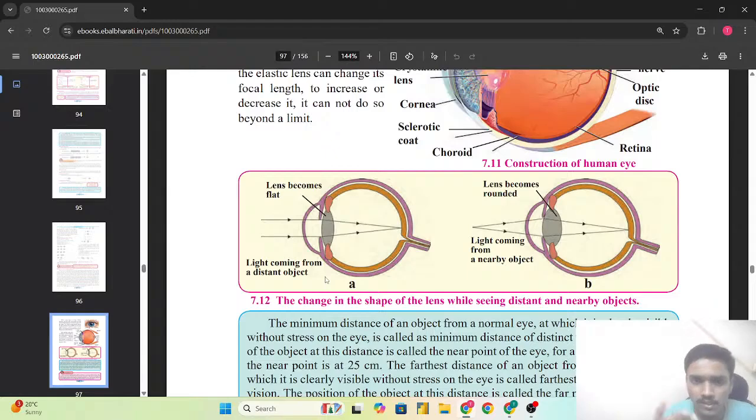That means for a distant object the focal length will increase and the lens becomes flat, as we can see in the image. And when it is a nearby object, the lens becomes rounded. You may be asked about these two diagrams in the exam. So keep in mind that when the light comes from a distant object, the lens becomes flat. If the lens becomes flat, the focal length will also increase, and when it becomes round, the focal length will decrease. So for light coming from a nearby object, the lens becomes rounded and the focal length decreases.